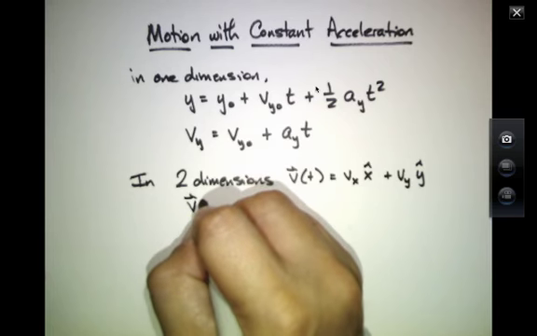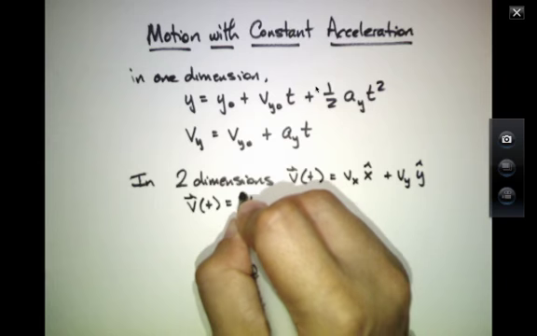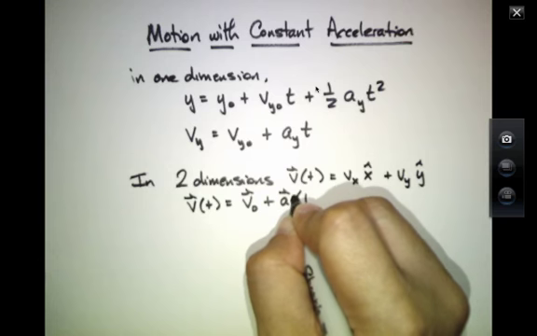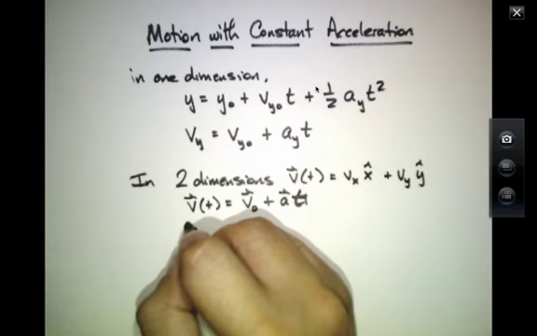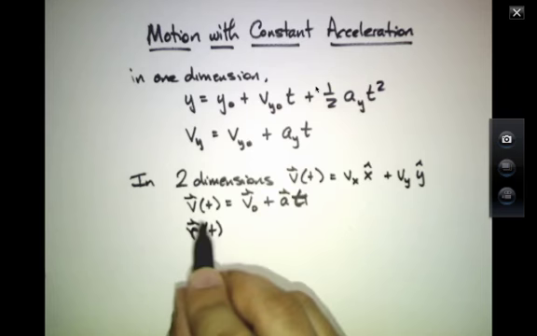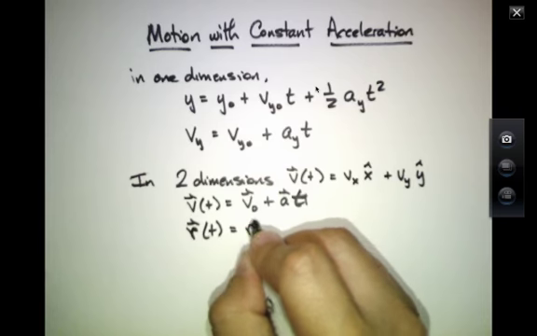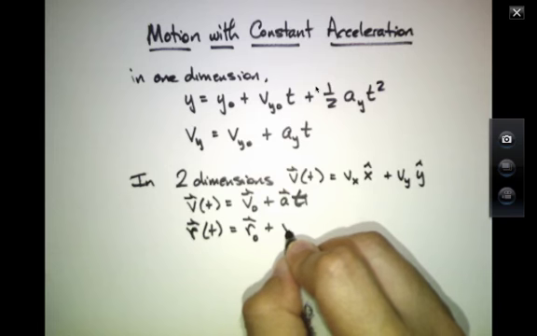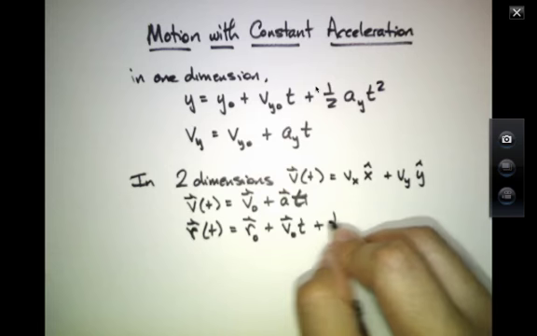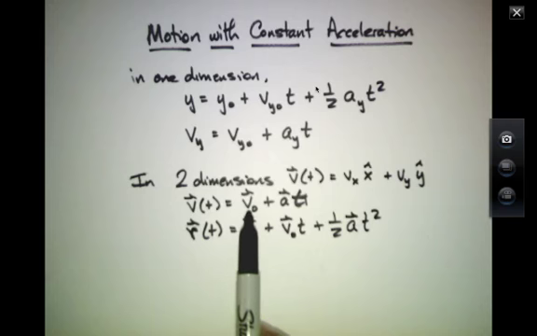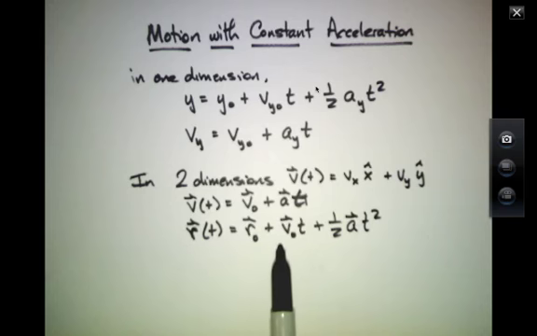So our equations of motion are v of t is equal to v naught plus a times t, and r of t is equal to r naught plus v naught t plus 1/2 a t squared, where v, v naught, a, and r are all vectors. That means that they have a component in the x direction and a component in the y direction.